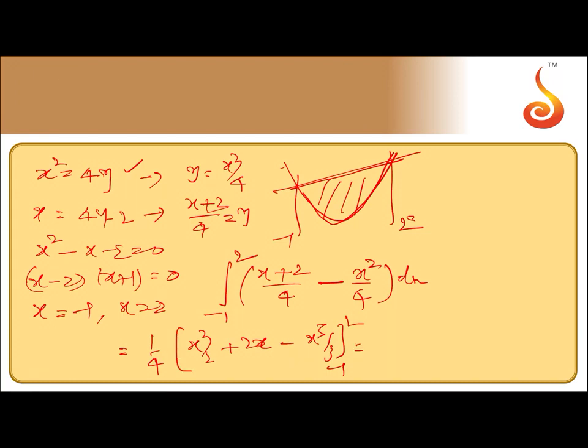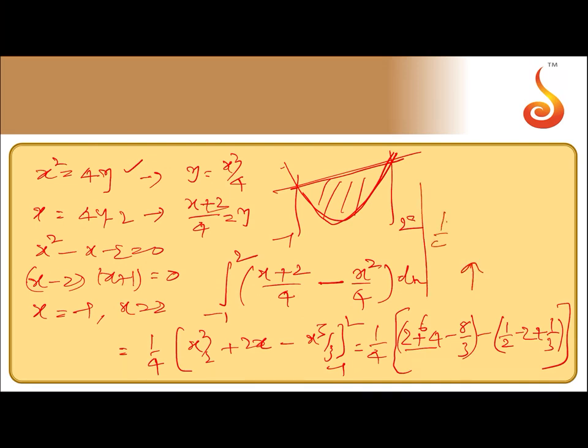By substituting this value and simplifying, you get the required answer. Let me check the value once. So 1 by 4 times, when you substitute 2, 4 by 2 is 2, and 2 2s are 4, minus 8 by 3, and minus, when you substitute minus 1, 1 by 2, minus 2, plus 1 by 3. Let me calculate: 18 minus 8, 10 by 3.